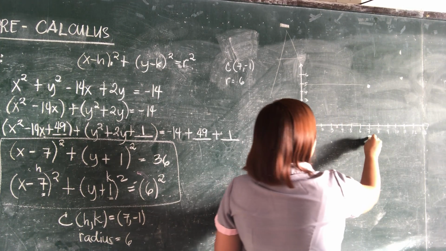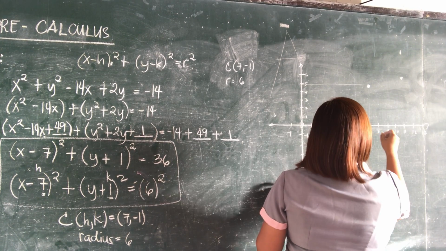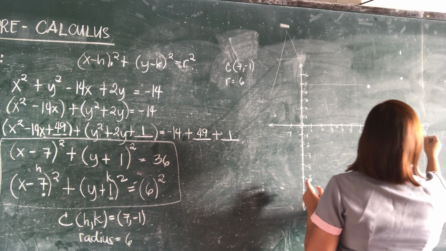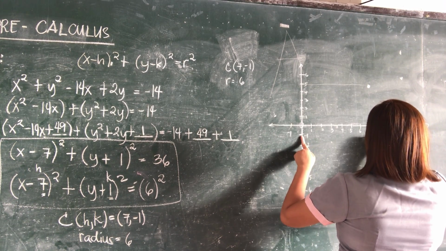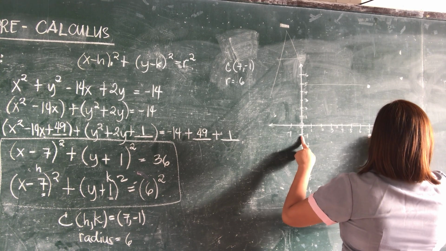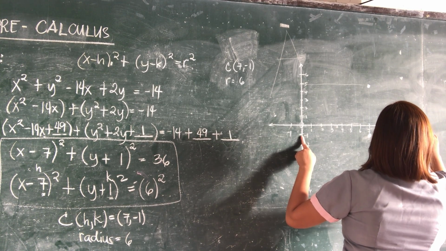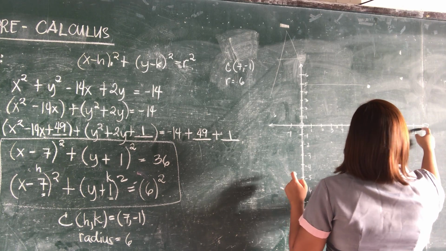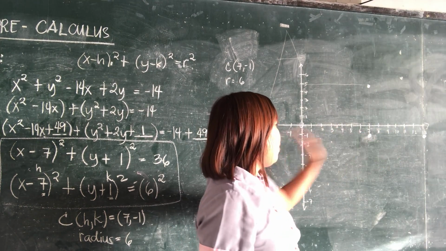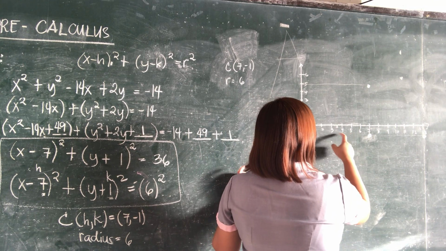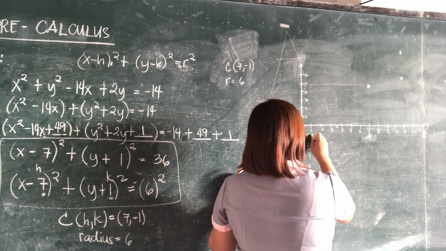Next, balik sa center. Count 6 units to the right. 1, 2, 3, 4, 5, 6. Dito, pantay ng negative 1. Pantay ng negative 1 yung center. Tapos, doon sa may vertical, kasi 1, 2, 3, 4, 5, 6. 6 units away from the center going to the right. Then going to the left, 1, 2, 3, 4, 5, 6. Dito rin yung another point.